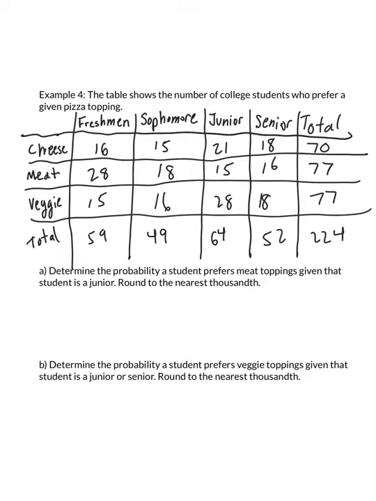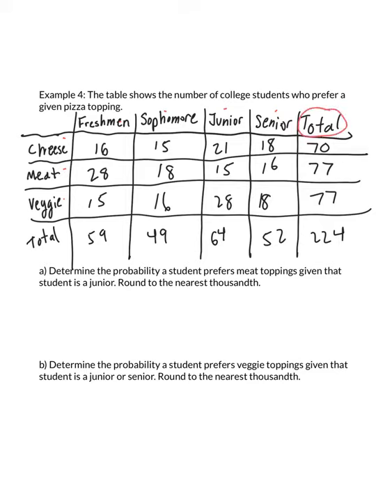Example 4 says the table shows the number of college students who prefer a given pizza topping. We have freshmen, sophomores, juniors, and seniors who are polled. They like cheese only, meat toppings, and veggie topping pizzas. Before I go any further, whenever I'm given a table, I always check to see if I'm given the totals. And thankfully I am.